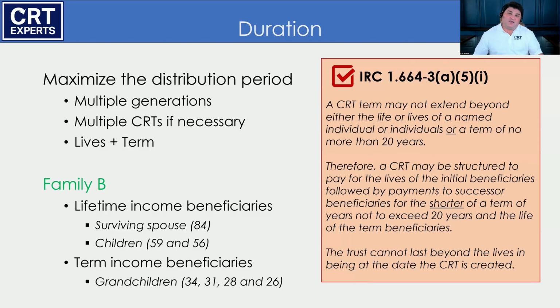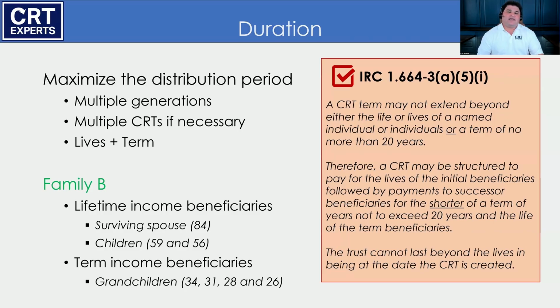So generally speaking, when it comes to duration, the goal is we want that CRT to last as long as possible, and we want to include as many family members as possible. What we're up against in accomplishing this is what's called the 10% remainder test. I'm sure many of you are familiar. This is a test that is relevant at CRT inception.